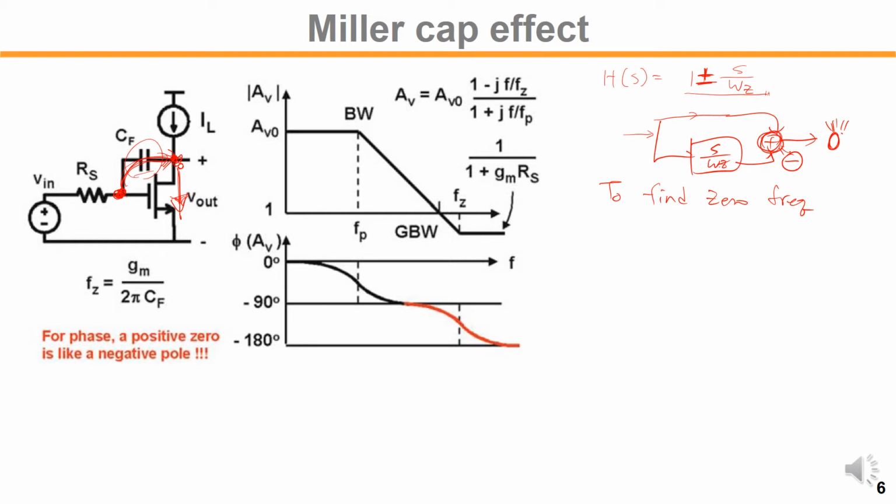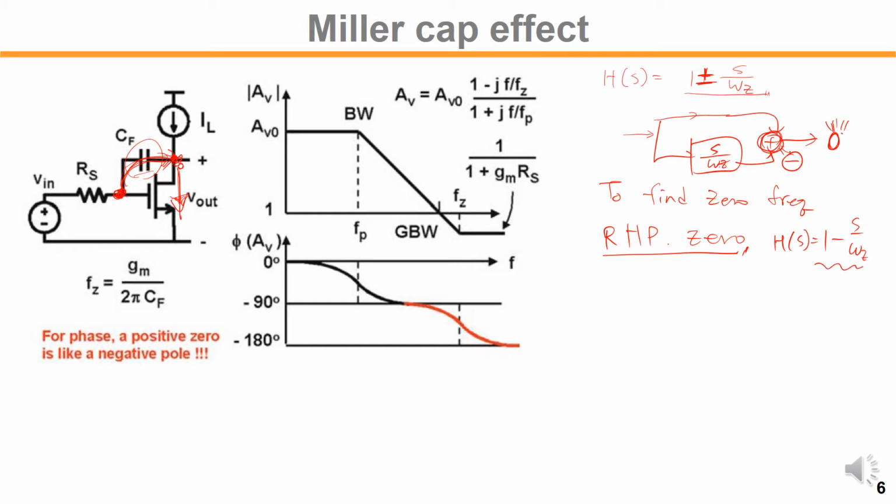We can easily find that this will introduce a left half plane zero, I'm sorry, right half plane zero. So the transfer function is something like H(s) equals 1 minus s over omega_g.